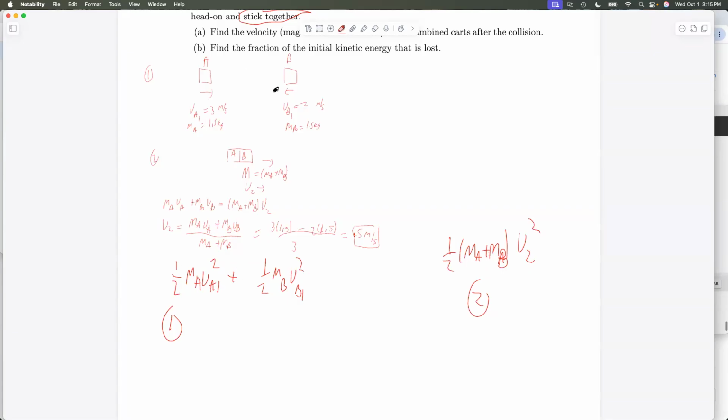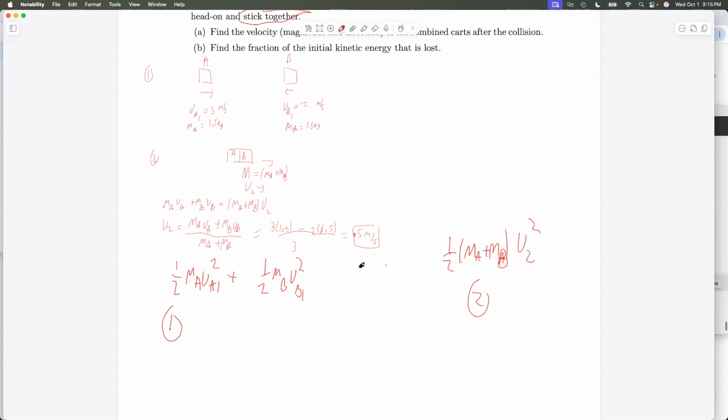This is beforehand when they're both moving. Both of these are going to be positive. Remember, even when I square this V, this is going to be a positive. This is the combined kinetic energy because they're one combined mass now afterwards. This number is going to be bigger than this number.